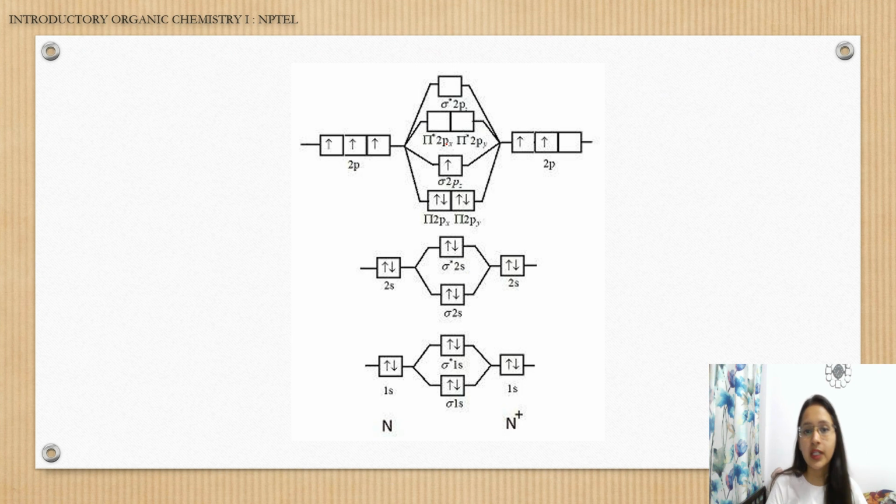So total number of electrons up to here is 8. So 9, 10, 11, 12, and 13. So 13 electrons are there, right? So here, how many unpaired electrons are present in the system in the case of N2 plus now?